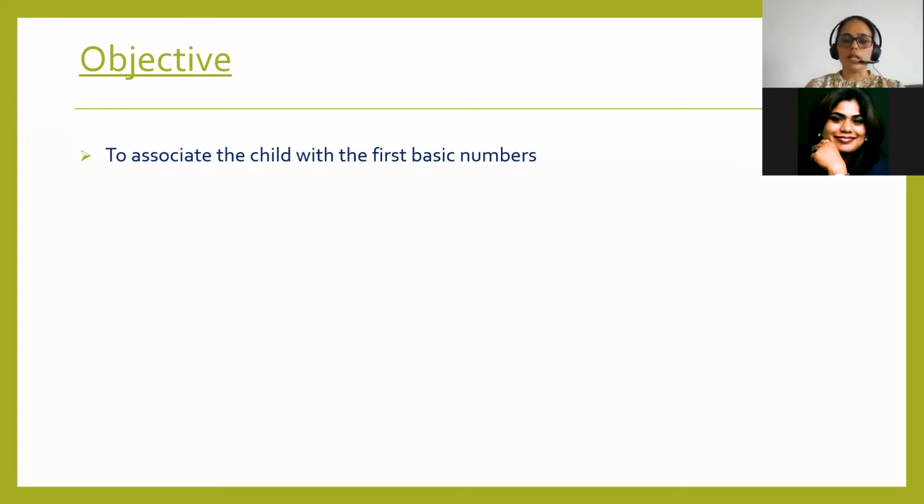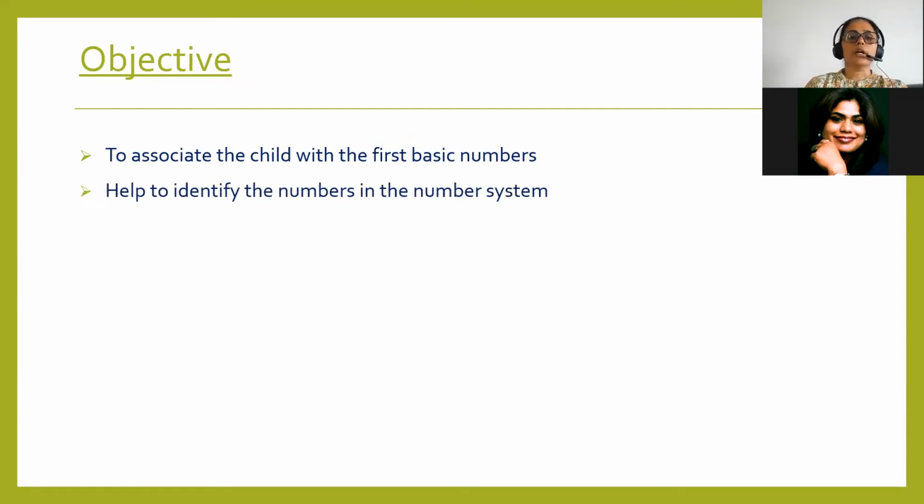When we are teaching the number system to the child for the very first time, the first 10 digits, from 0 to 9, are very important. From these basic numbers, the other numbers get created or developed over the number line, which can go into infinity. So first they have to understand the first basic numbers, only then can they create, write or understand the bigger numbers as we move from one place value to another place value.